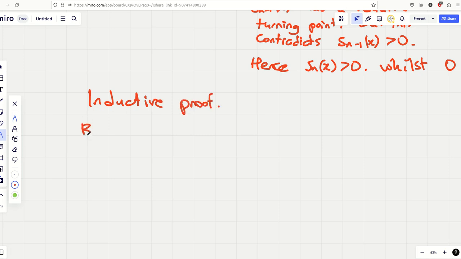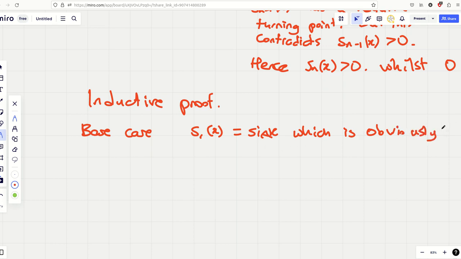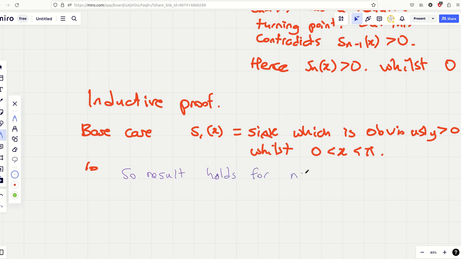Base case, S1 of x equals sine x, which is obviously greater than 0, whilst you're in that range, yeah, it's strictly greater than 0. So the result holds. My writing's, I'm just going to try with a blue pen. Yeah, that's much better. Result holds for n equals 1.